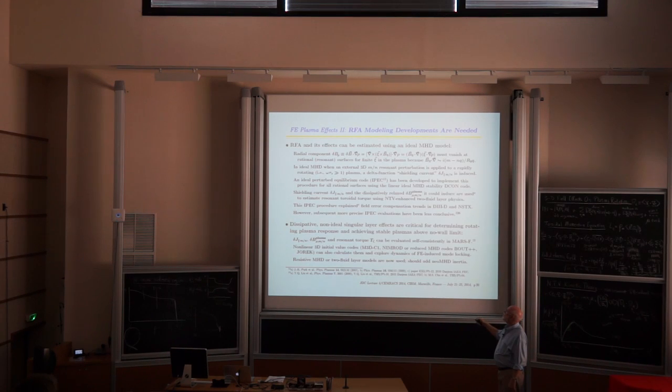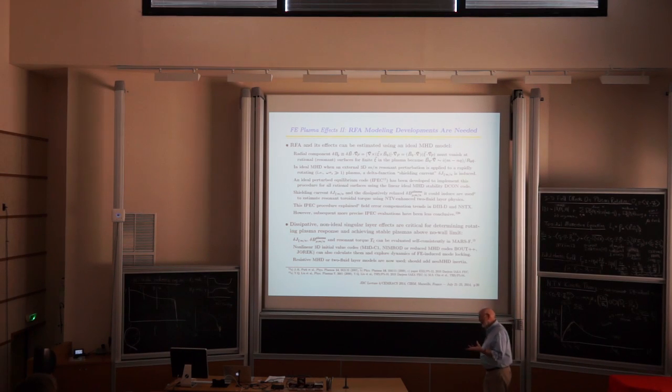The radial component of that delta B is B dot del times that radial virtual perturbation, and B dot del is this M minus NQ resonance. So in ideal MHD, if you apply a resonant perturbation, it's as if you should produce a delta function current on the rational surface.